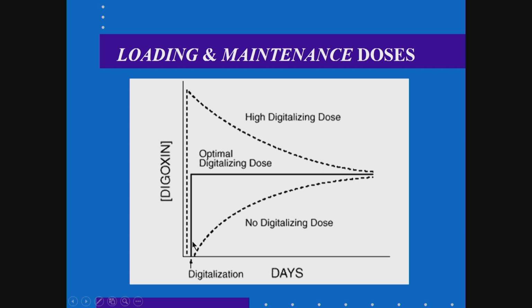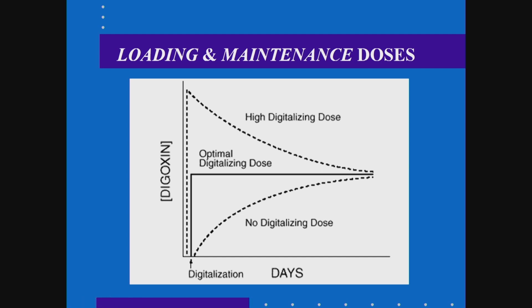Now let's say that you gave a higher loading dose, twice the loading dose you gave before, but then administer the same maintenance dose that was used here and here. Over a period of time, the concentration that will be achieved at the plateau, or when steady state is achieved, is the same.